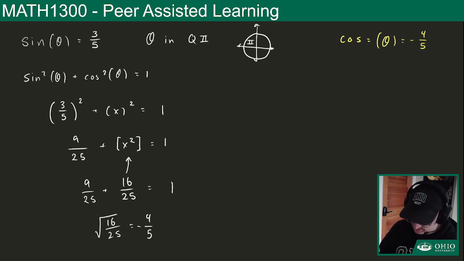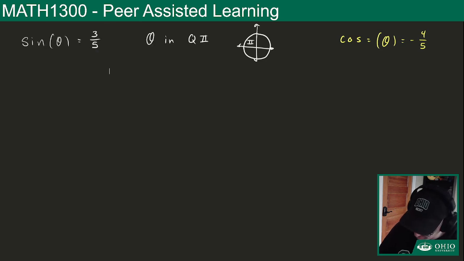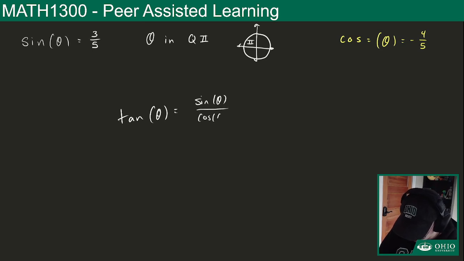Okay, now if you need to look at this scratch work, pause, because I'm going to erase it so I can do some other stuff. But okay, so now we have our value of sine that's given, we have our value of cosine, so let's find the other values. So first of all, tangent we know is sine over cosine, and so this will be 3 over 5 over negative 4 over 5.